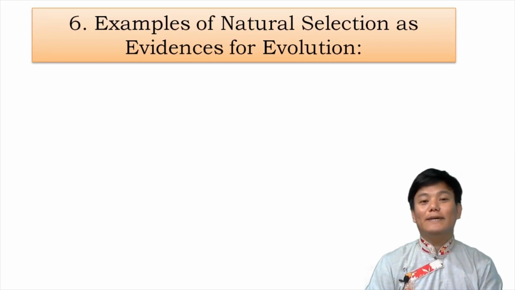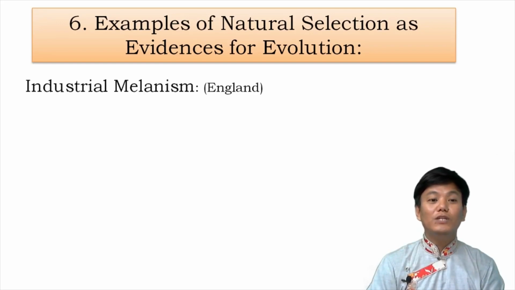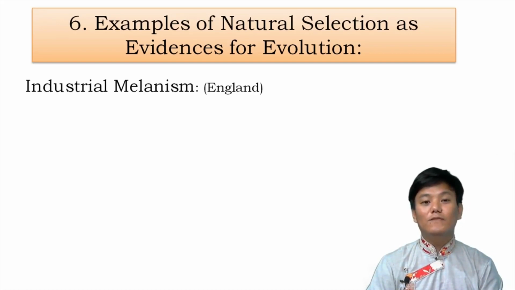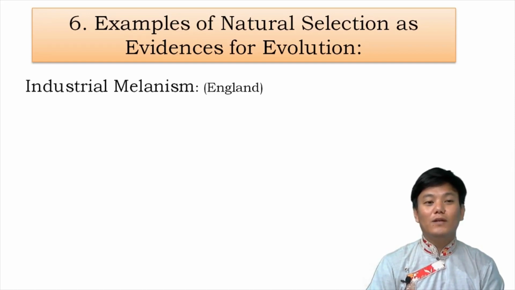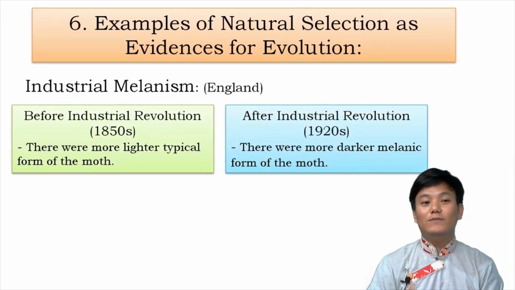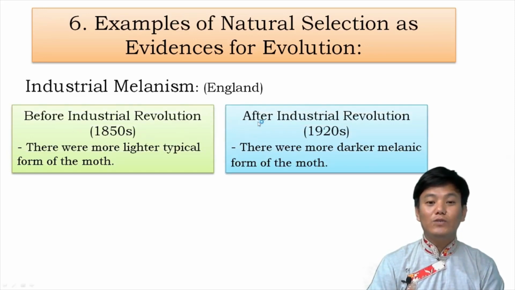One such example is industrial melanism. Industrial melanism was observed in England. In order to understand it, we have to look at two different time frames: one before the Industrial Revolution and two after the Industrial Revolution.